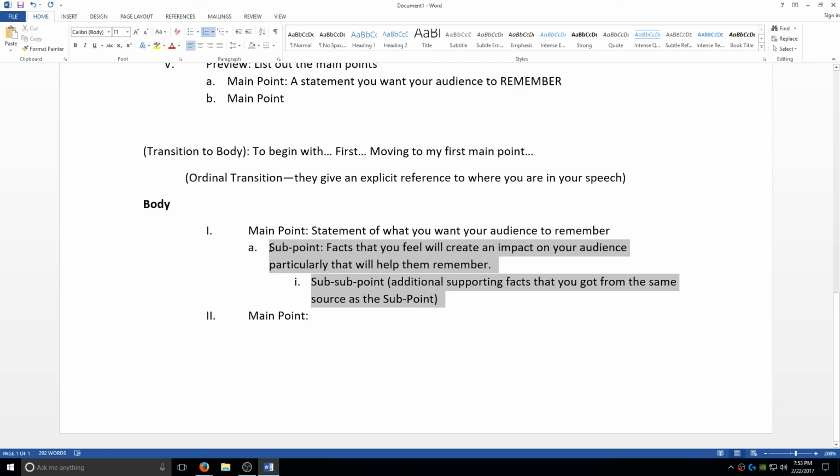These subpoints about the things that Stan Lee has created and how popular his creations are have nothing to do with how many comics Marvel sells, or anything about the business aspect of Stan Lee's Marvel Comics. Okay? So that's why you outline. It helps you keep these ideas organized.